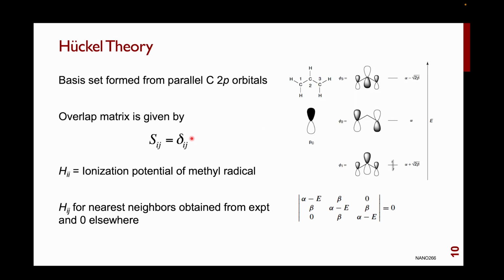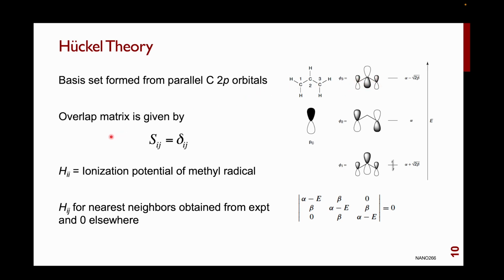All right. In the early days of quantum chemistry, there are some very simple approximations that people have used to solve some of these equations. One simple way is to use what is called Hückel theory, where, if you think about something like this propylene molecule over here, you assume that the basis set is formed from the parallel 2p orbitals, which are the orbitals that are perpendicular to the plane of your molecule.